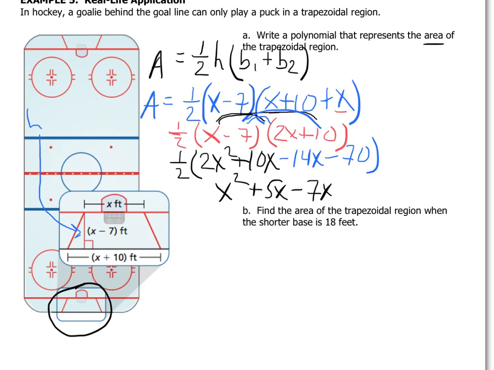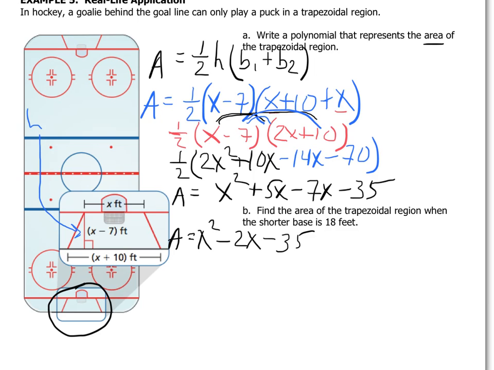And 1/2 times negative 70 is negative 35. So the area, simplified as far as we can for now, is going to give us A equals x squared. I can combine the x's to get negative 2x minus 35.